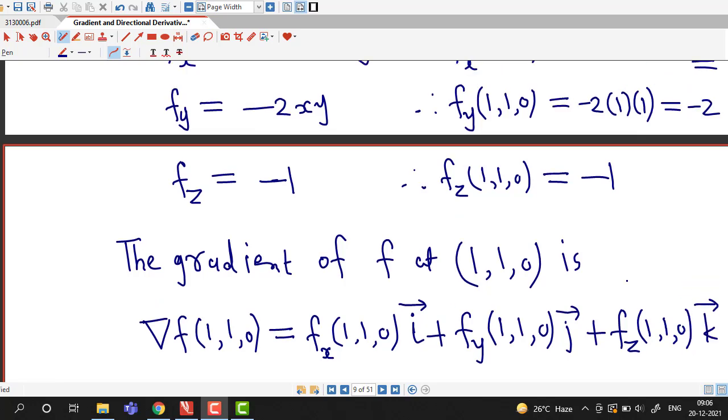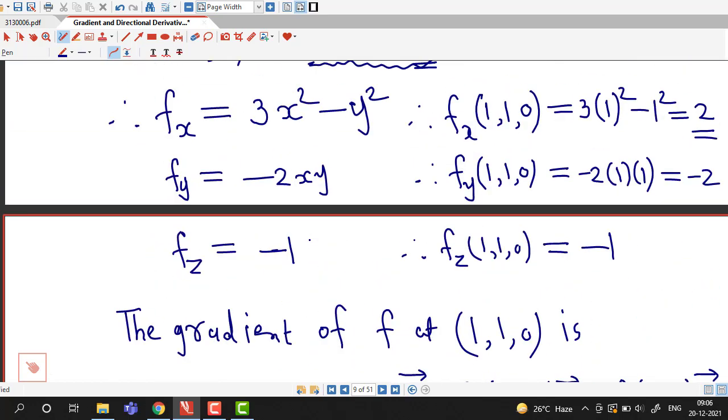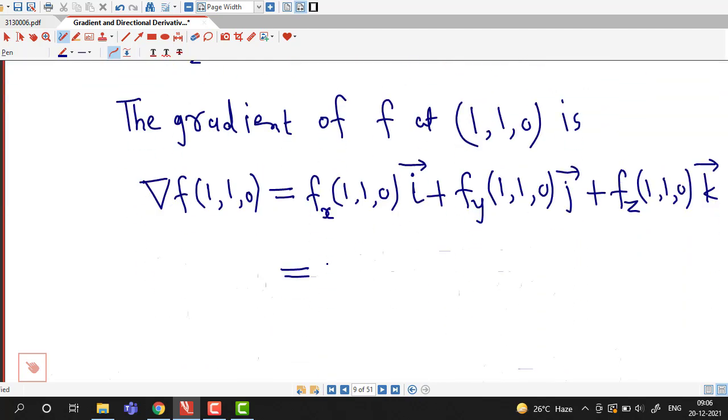Substituting the values, del f by del x is 2, del f by del y is minus 2 and del f by del z is minus 1. So this is the gradient vector at point 1, 1, 0.